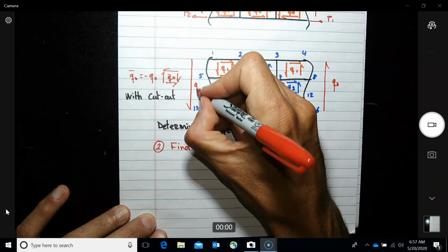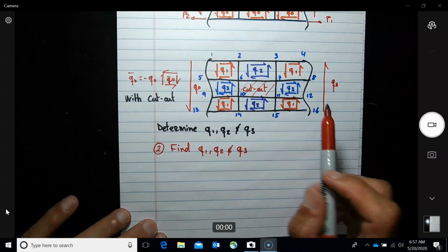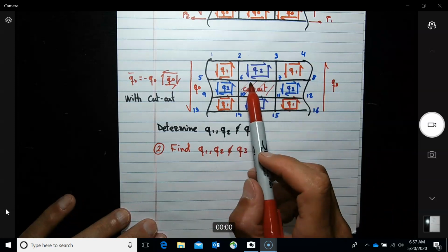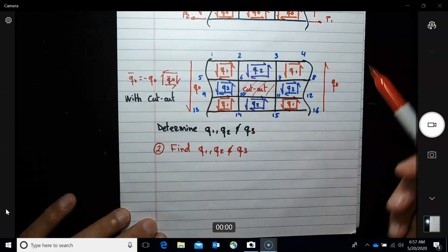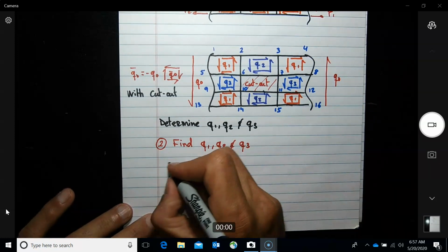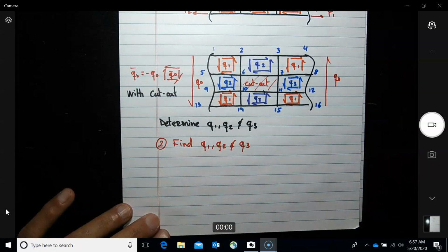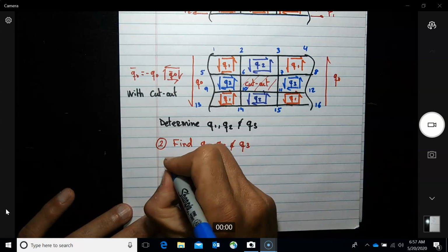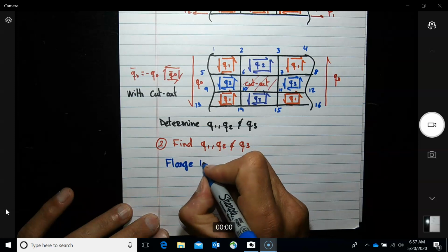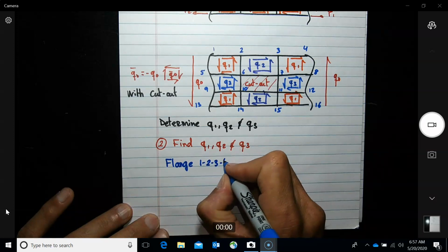Okay, so let's first look at the stiffness that are like on top. Then we can look at this one or this one. We'll see. Let's start at the top one. So let's first look at the flange. One, 2, 3, and 4.